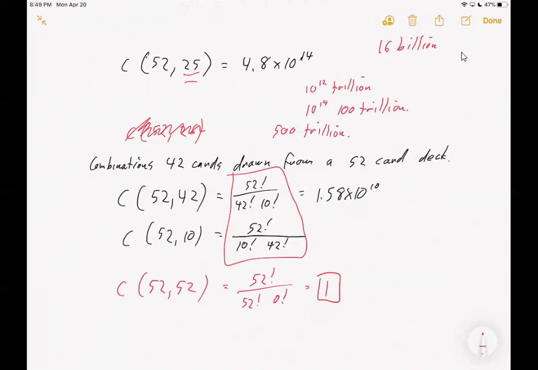If we're not worried about the order, somebody would be left holding all 52 cards in their hand and they could order them however they wish in their hand. So by the time we get to a combination of 52 things with 52 selected, we're down to just one possibility again.